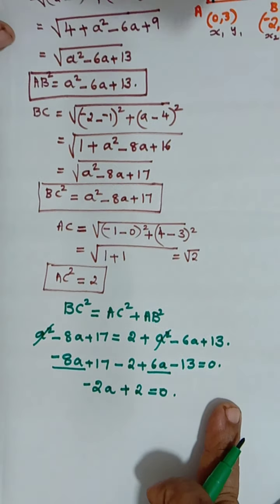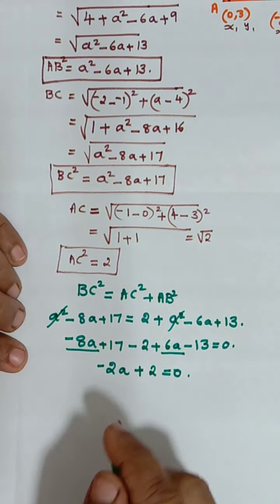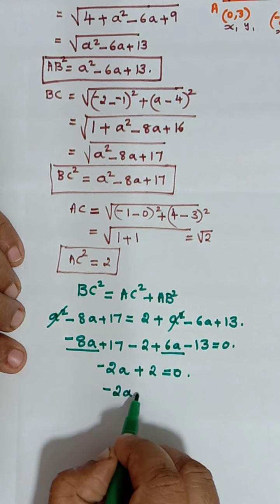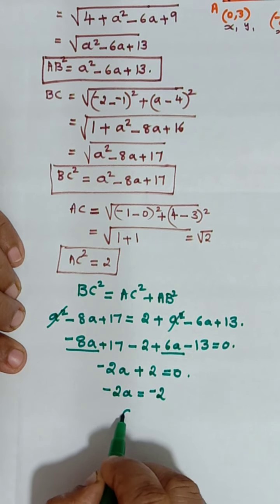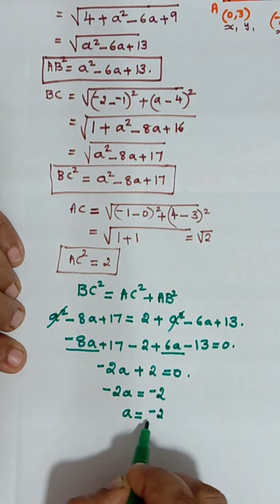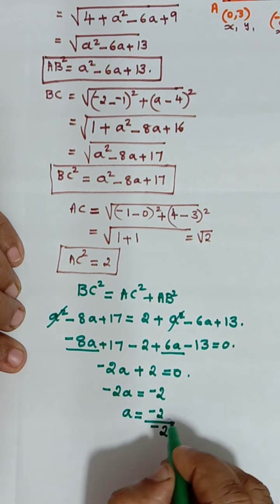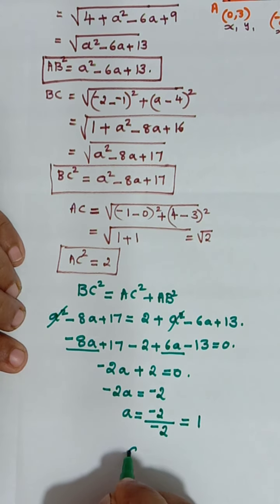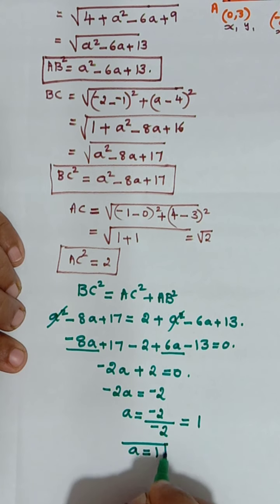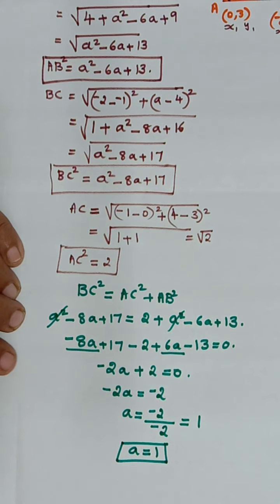So what is the next step? Transferring to the other side, negative 2a is equal to negative 2. Therefore a is equal to negative 2 by negative 2, that is equal to 1. Therefore we got the answer: a is equal to 1.